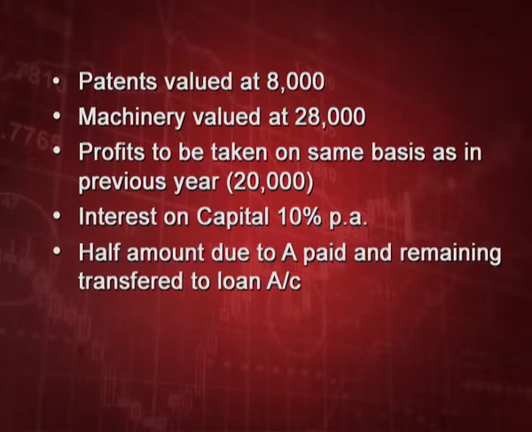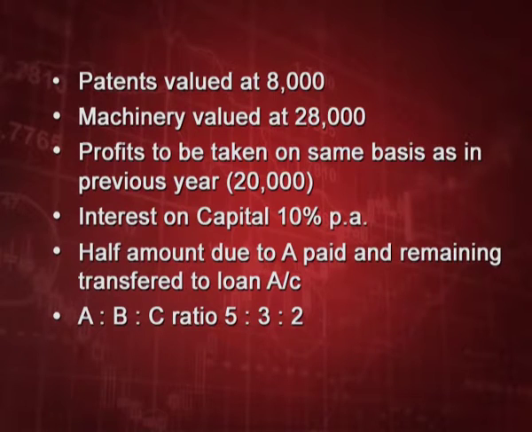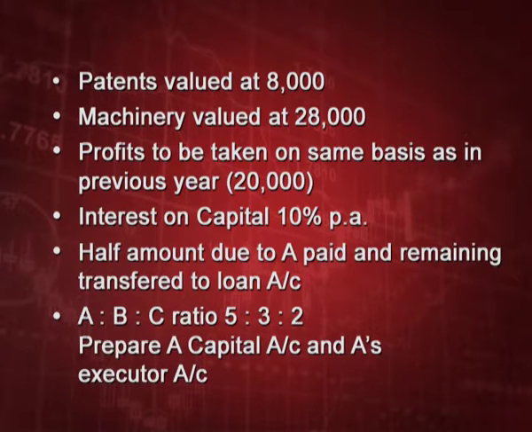So, we will be considering interest for only 6 months, that is 1st April to 1st October. Next point is half the amount due to A is paid and the remaining transferred to his loan account, and the ratio of ABC is 5:3:2. Required is to prepare A's capital account and A's executor account.